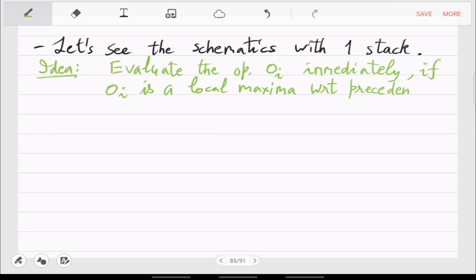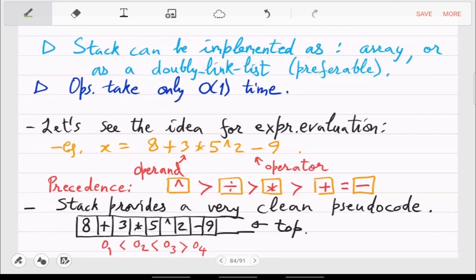Which means that if you had a situation where O1 was greater than O2, what should you do?